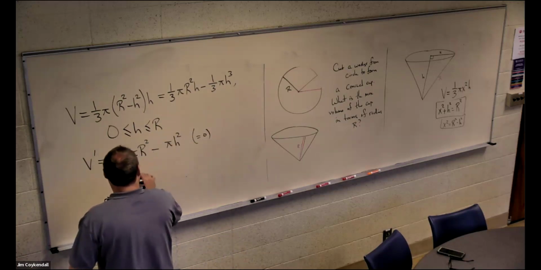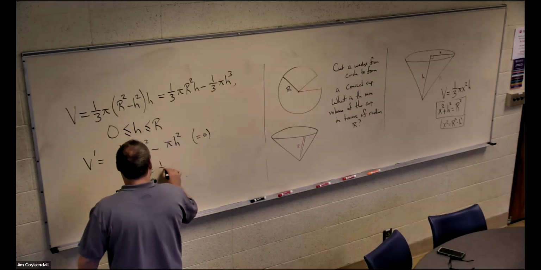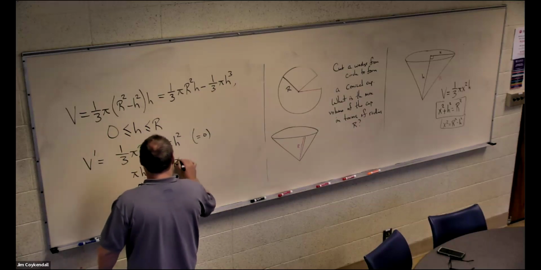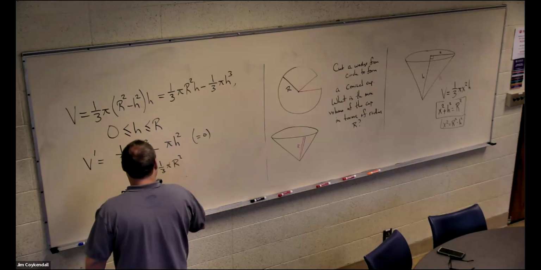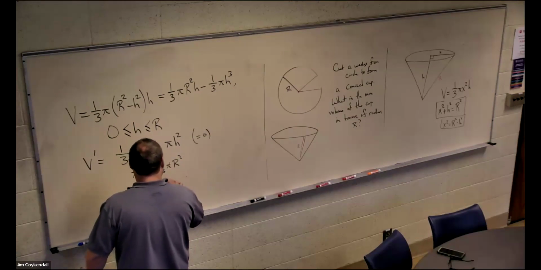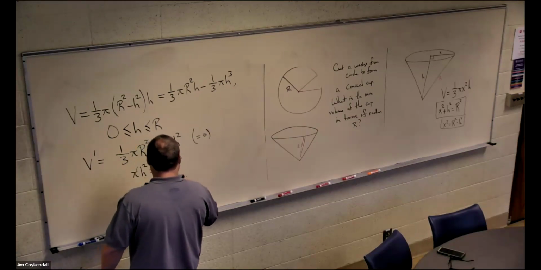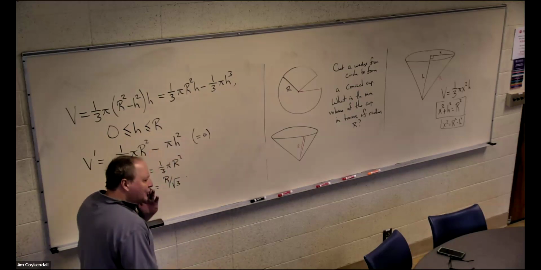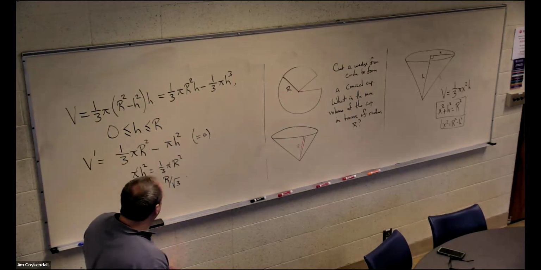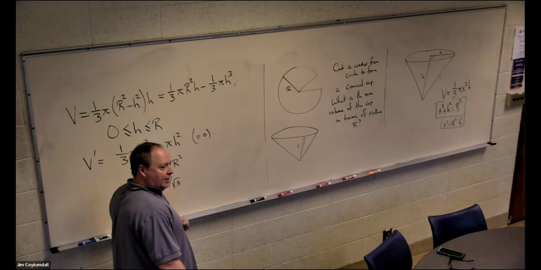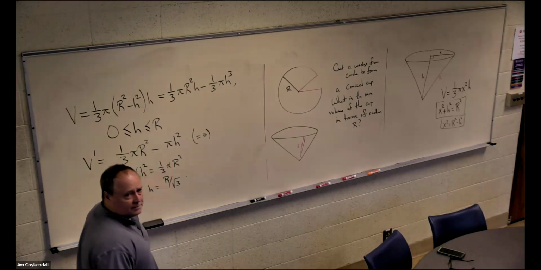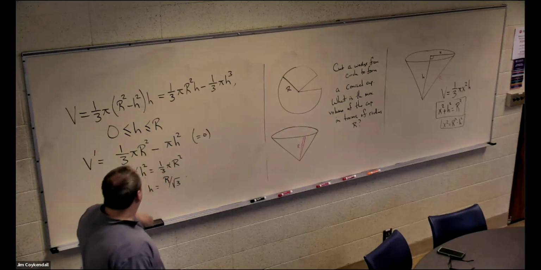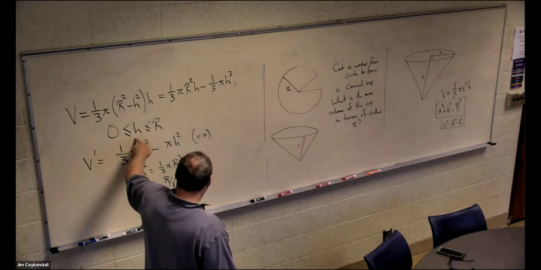I'm going to get pi h squared is 1/3 pi r squared. Pi's cancel. We get h is r over the square root of 3. Actually, plus or minus r over the square root of 3. But why do I not care about the negative? Right, because the negative's not in the range.